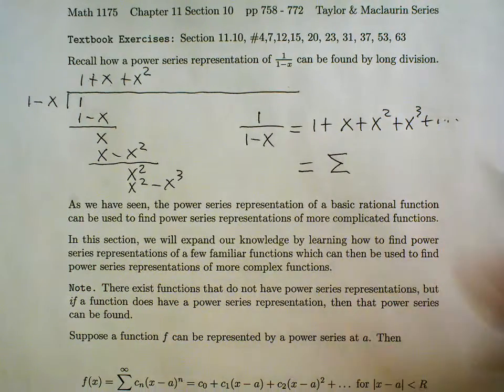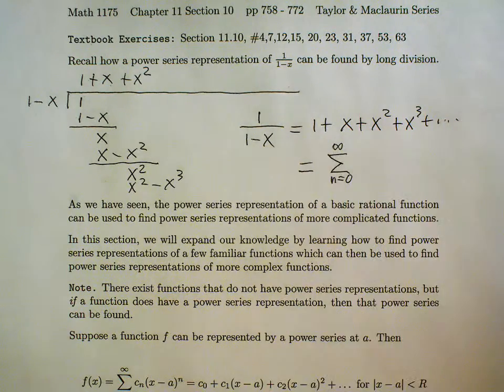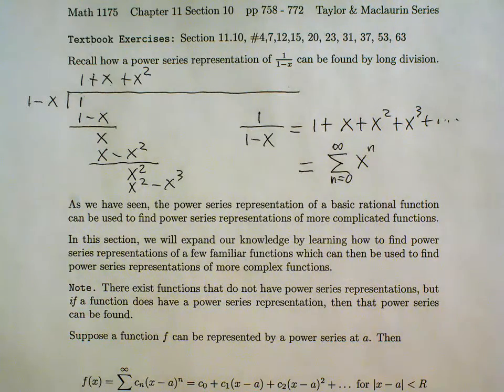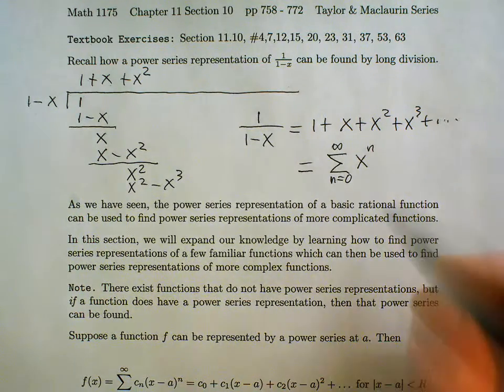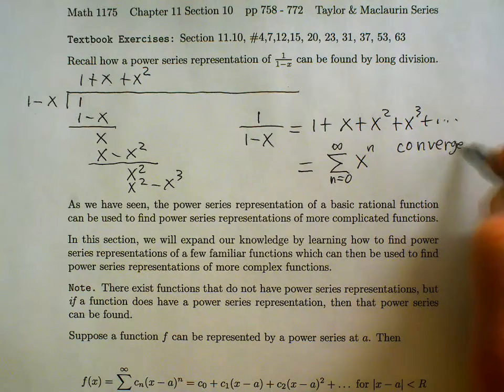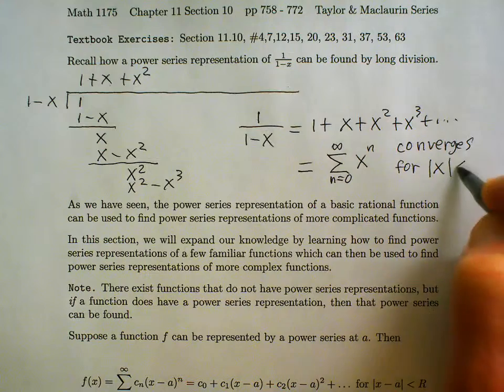And in sigma notation, starting at n equals 0, going to infinity, the terms are x to the n. And this converges for absolute value of x less than 1.